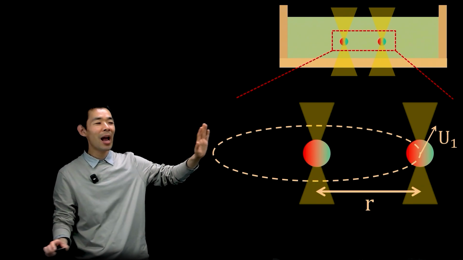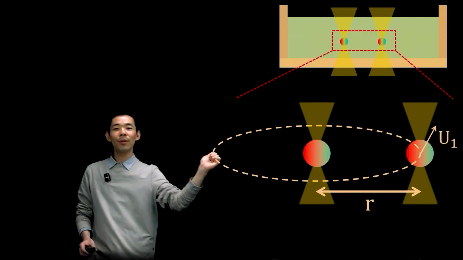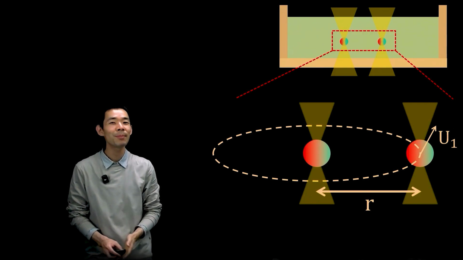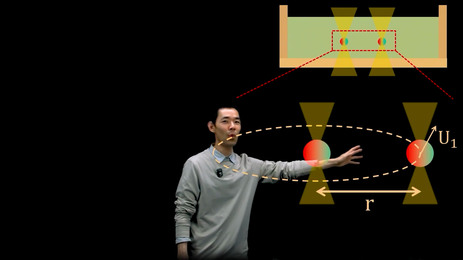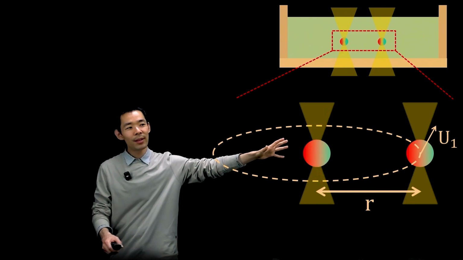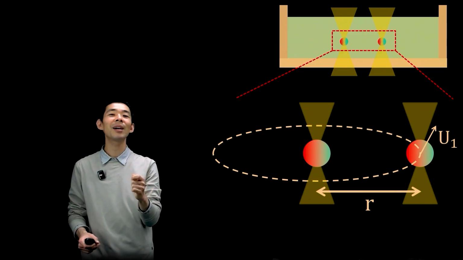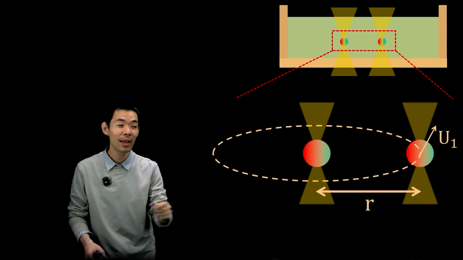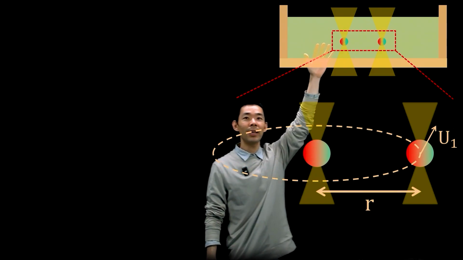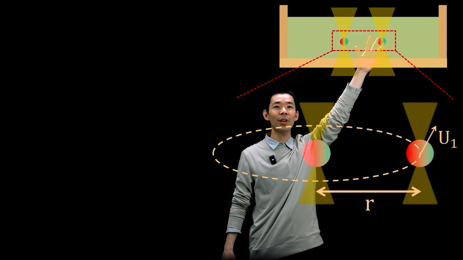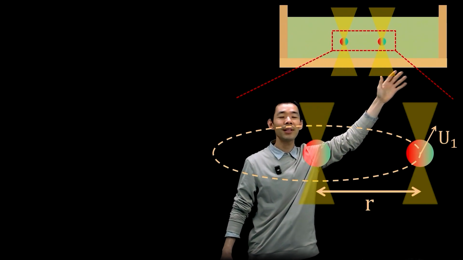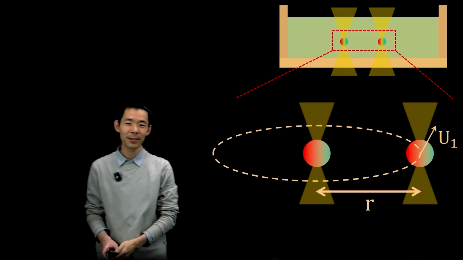And I'm going to take the outer trap and translate it at some prescribed velocity u1. And this setup is immersed inside of a Newtonian incompressible fluid of water. And the setup is placed inside this bulk solution, far away from any boundaries, far away from the interface.